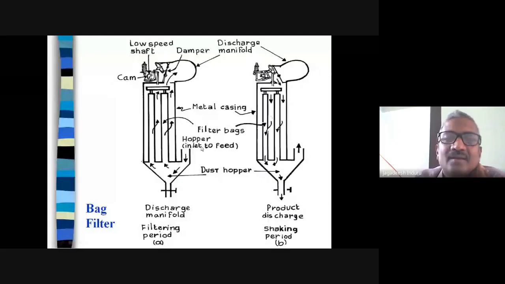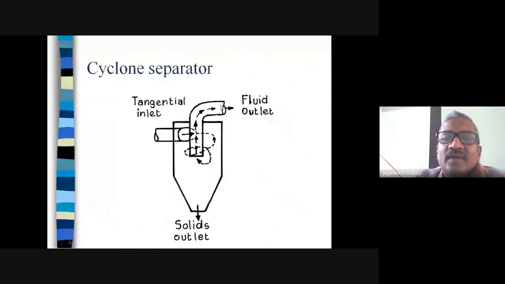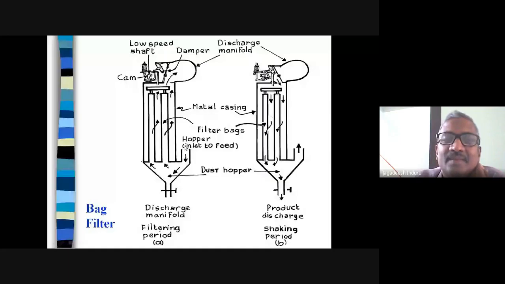In the left, the hopper inlet feeds the powder, which we are getting from the Cyclone separator. The pipe from the fluid outlet will be connected to the bag filter here, where this is the hopper inlet. This is actually the feed to the bag filter.